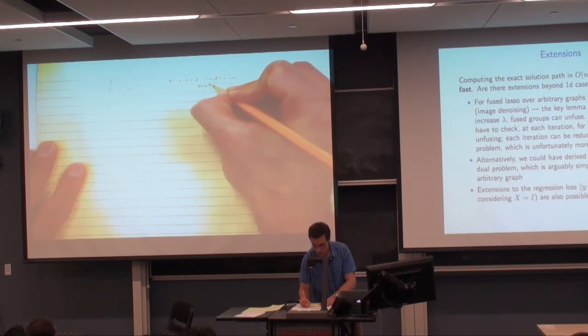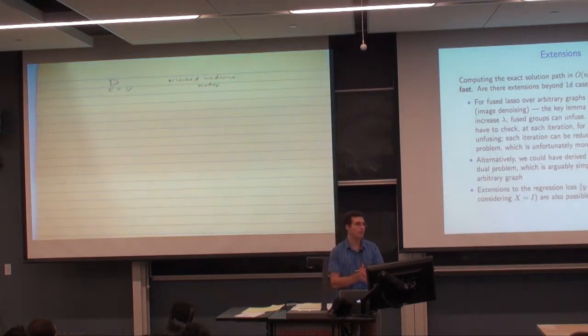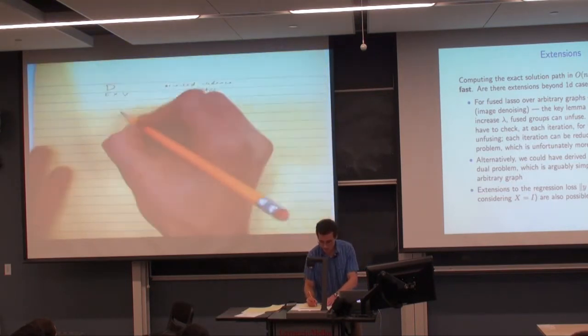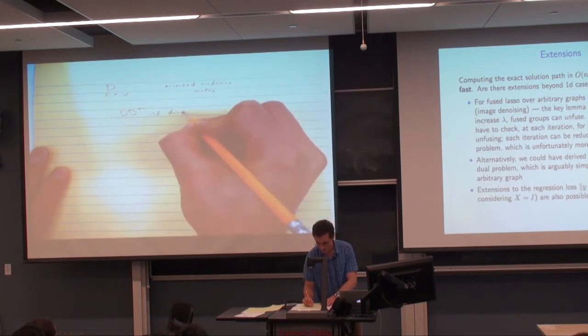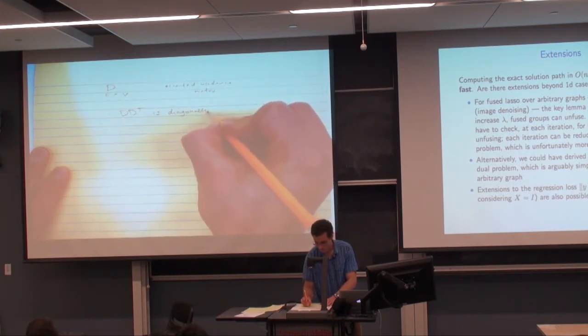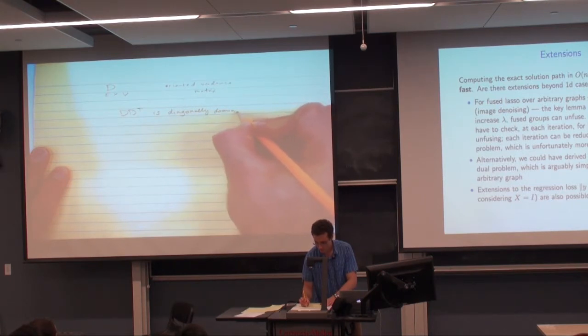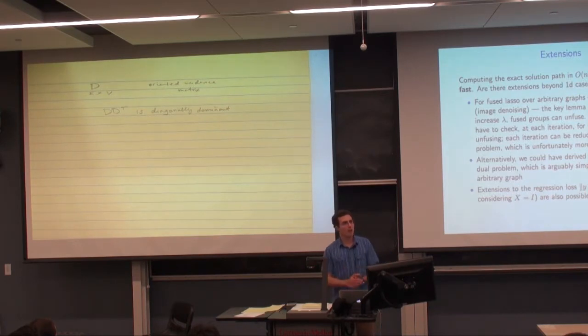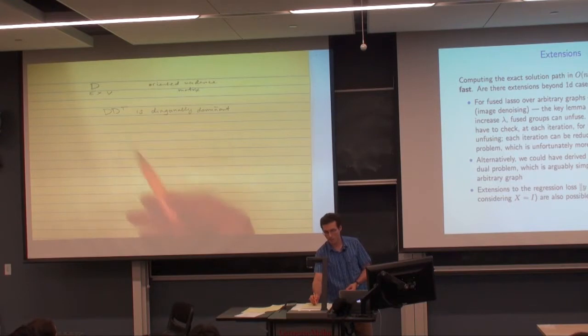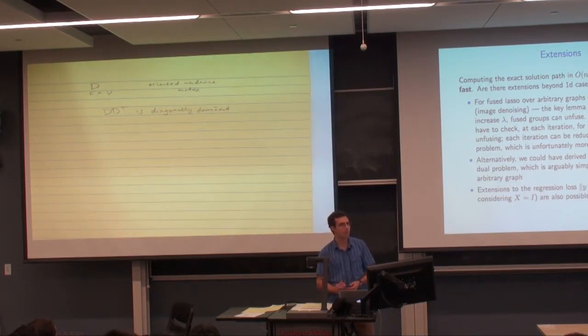Then a sufficient condition for that lemma to hold, which is not necessary, because for example it doesn't hold for the complete graph, is that D D transpose is diagonally dominant. So that gives you some types of graphs, but it's a pretty small class, and I probably couldn't enumerate very many graphs that lie in that class. The chain graph is one. That was a very good question.